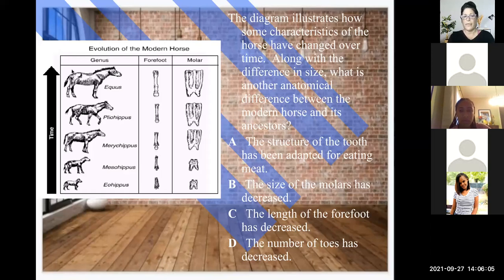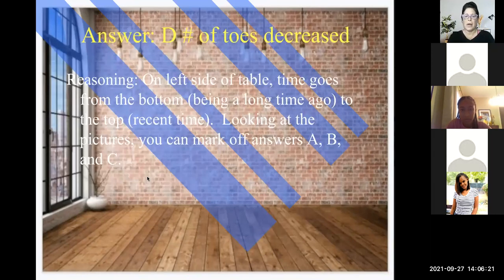So the length of the foot has decreased. Is that true? Well, no, of course it's not true, because look what's happened. Over time, it's increased, so we know we can get rid of that. But these are just some examples. We'll go over a couple more of these, probably once a week or so.